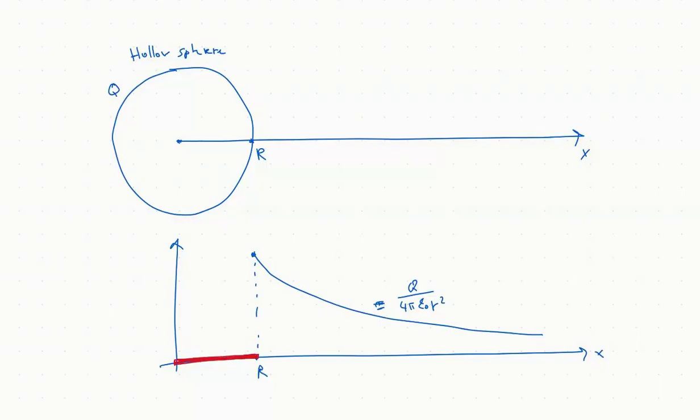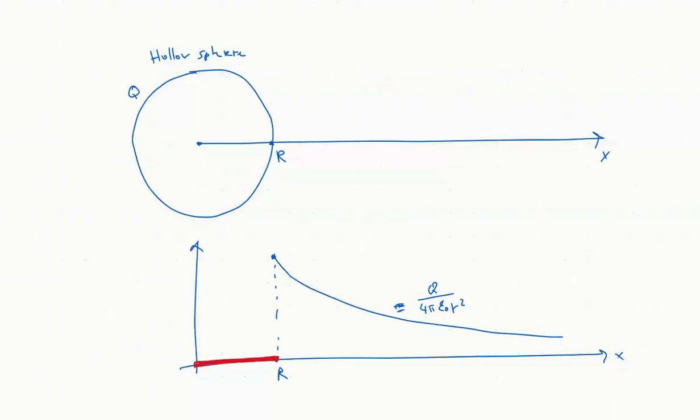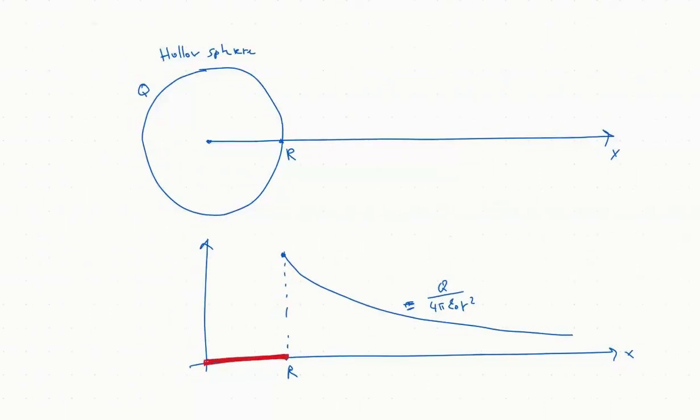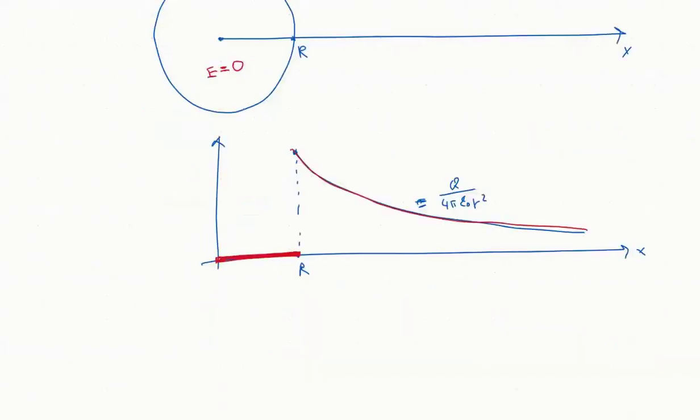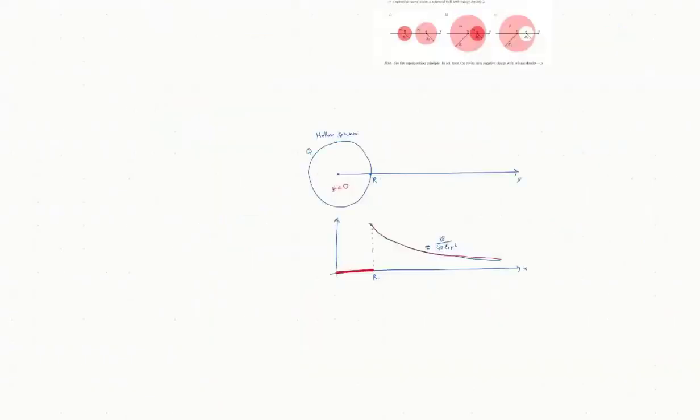The field inside a hollow sphere is 0, and the field outside the sphere is the same as the field from a point charge.